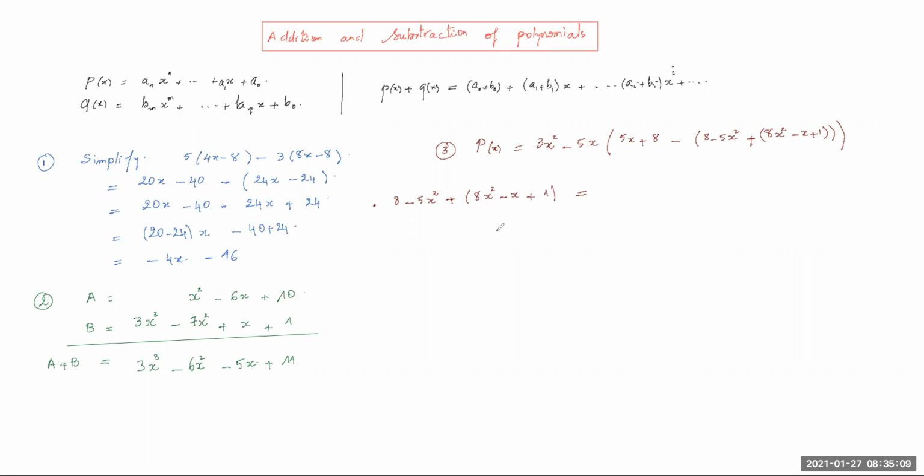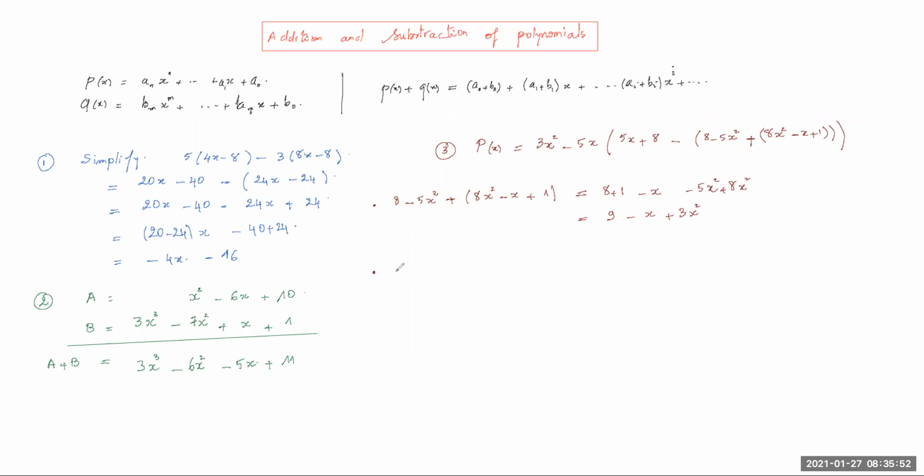Adding two polynomials, we said regroup by the degree of terms, the similar terms with the same degree. So I will regroup the constants, 8 plus 1, then minus x, and then minus 5x^2 plus 8x^2. This gives me the expression 9 minus x plus 3x^2. So the whole parentheses is now simplified like that.